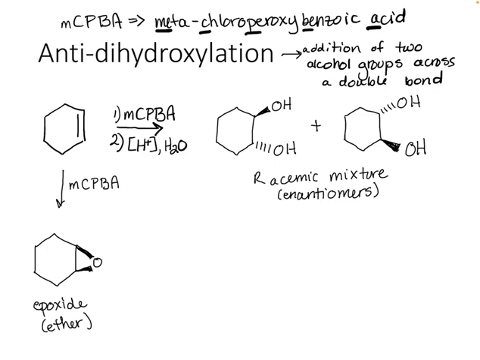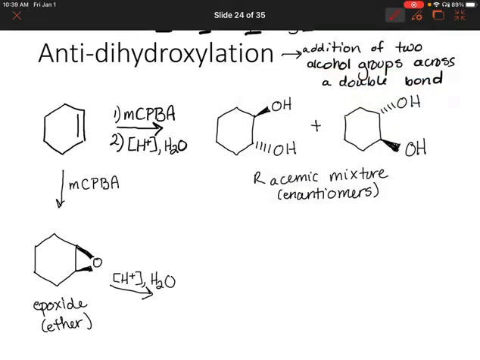All right. So then in the next step, we add again an acid and water. What ends up happening is the oxygen grabs onto a proton from the acid and it becomes, let's see, it's just a protonated epoxide.